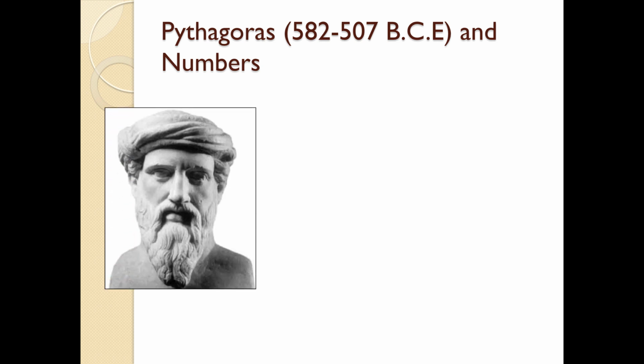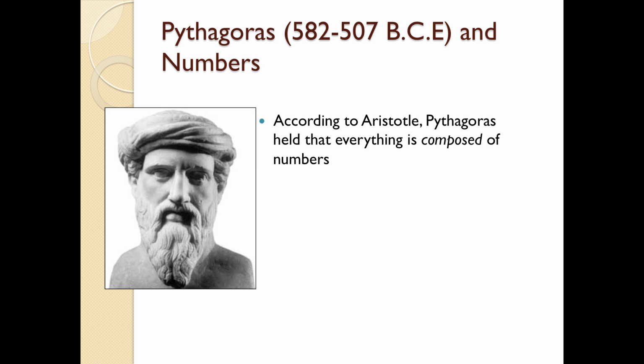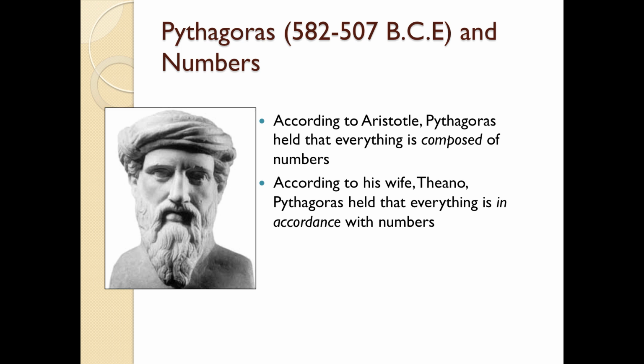So you might recognize this name, Pythagoras. According to Aristotle, Pythagoras held that everything is composed of numbers. According to his wife, Theano, Pythagoras held that everything is in accordance with numbers.